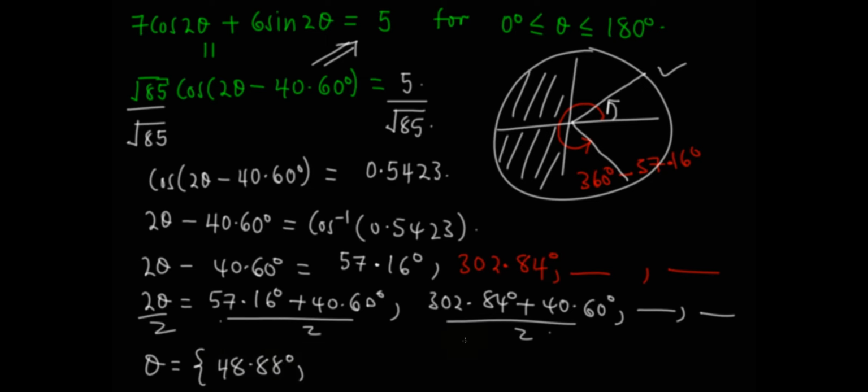Now the second value of θ is 302.84 plus 40.60 divided by 2, and we obtain 171.72 degrees. Now we can obtain other values of θ, but remember we have the limit as 0 degrees and 180 degrees. Therefore, we are going to stop on those two angles.